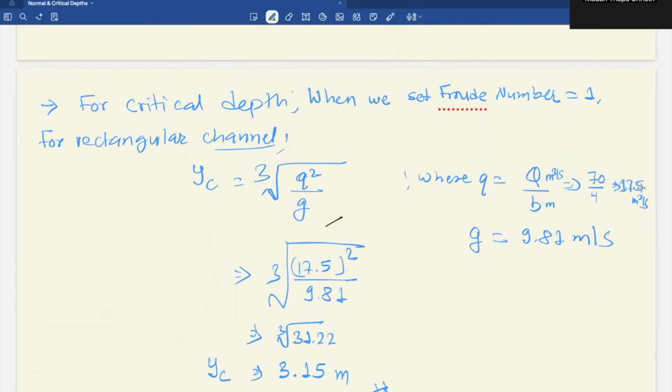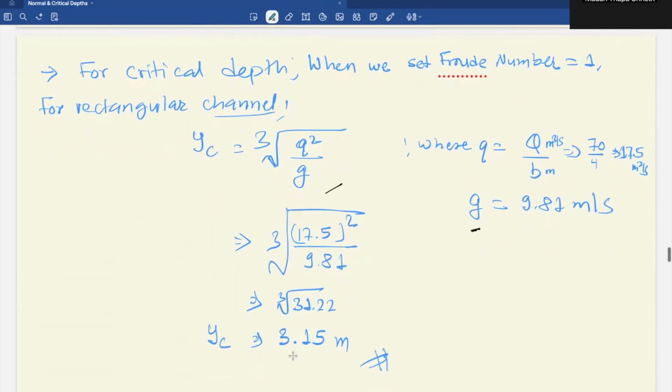That gives us 17.5 meter square per second, and we know gravitational acceleration is 9.81 meter per second squared. So when we put that here, our yc is equal to 3.15 meter.